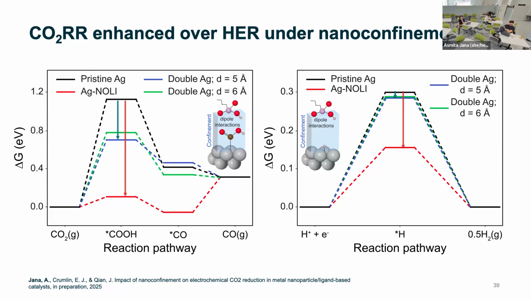So even though both of these reactions are accelerated, the CO₂ reduction reaction is so much more accelerated compared to HER that HER ceases to be as much of a threat or a competing reaction anymore.